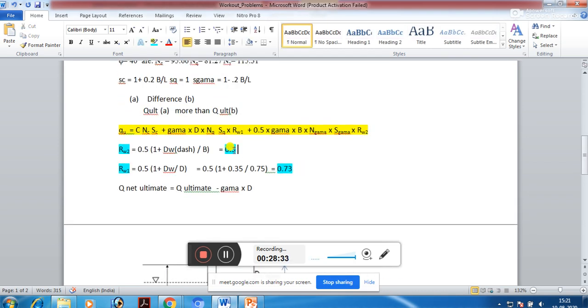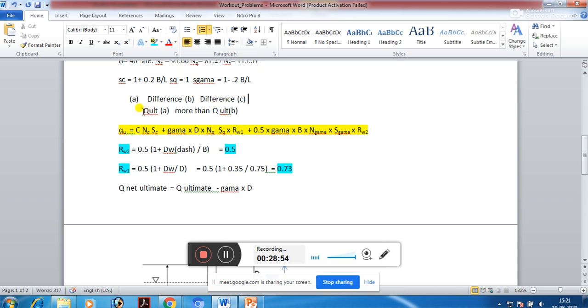So if you now put back this value of RW1 and RW2 into this equation, you are going to get the value of Q ultimate. So you tell me now, what will be the difference between A, B and C?